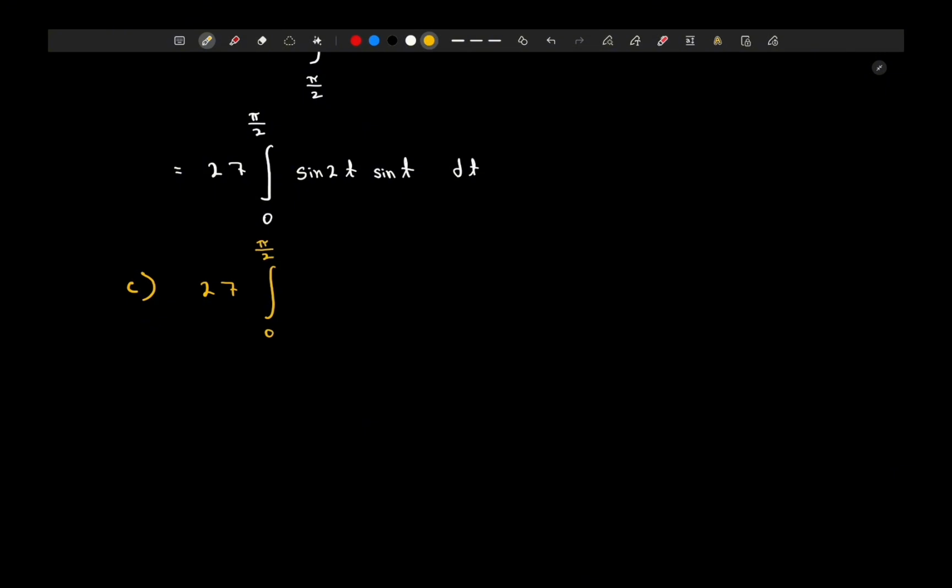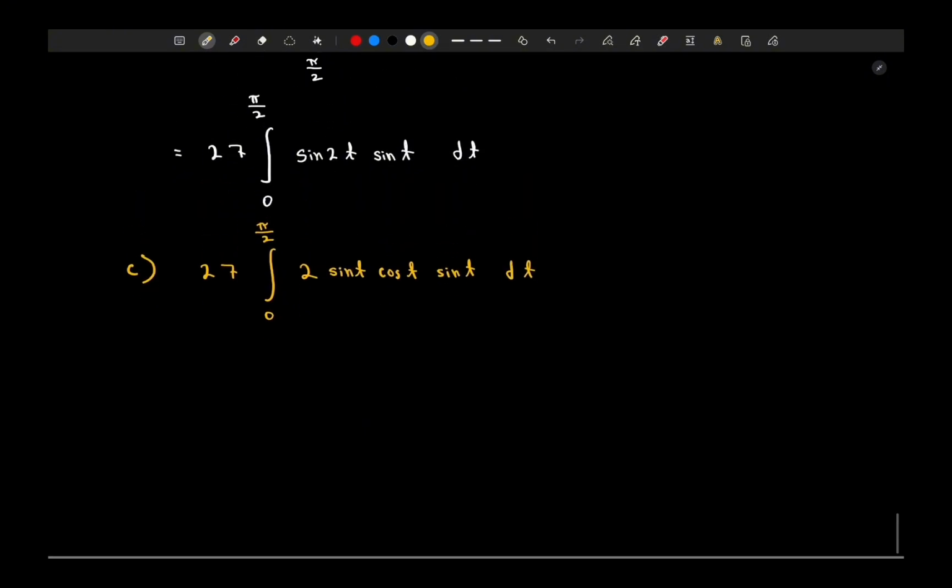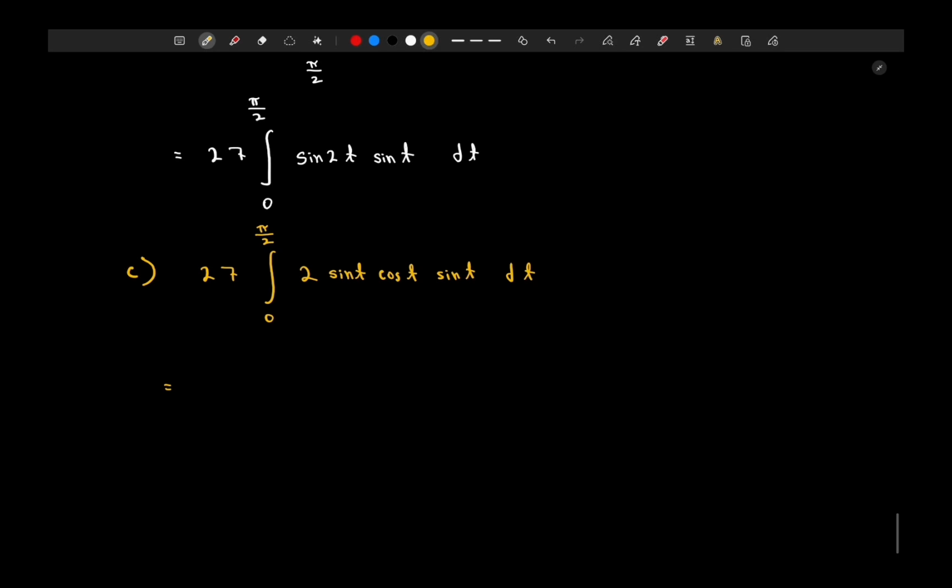And we can write sine 2t as 2 sine t times cos t, multiplied by sine t dt. And if we simplify this, 27 multiplied by 2 will give us 54. So that's 54, 0 to pi by 2, sine squared t cos t dt.